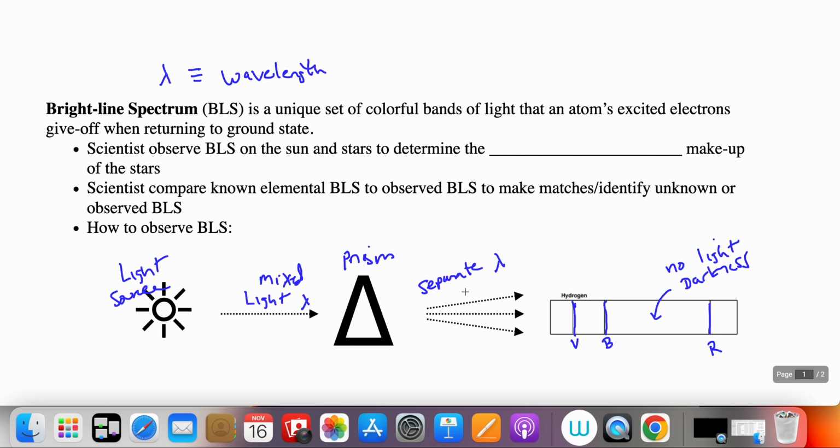So the importance of the bright line spectrum: every element, molecule, compound out there has a unique set of color bands, okay? And what scientists do is they'll look at the sun and the stars to determine the elemental makeup of the stars.